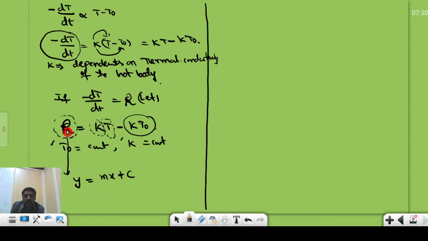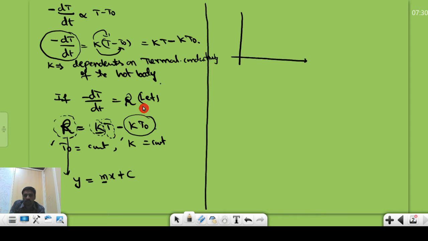That means if you draw a graph taking the y coordinate as the rate of cooling, and the x coordinate as the temperature of the hot body at every instant, then how will the graph look? It is a straight line with a slope of m, and that slope m is equal to the k value.